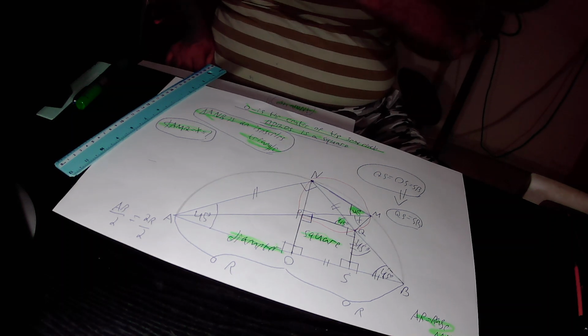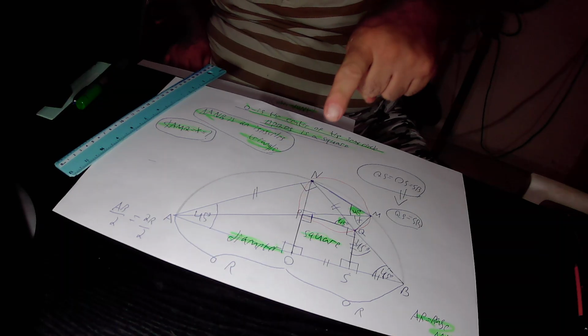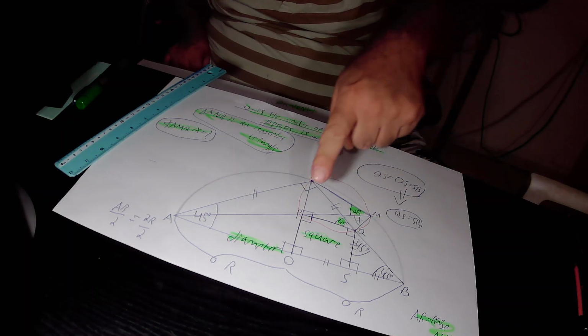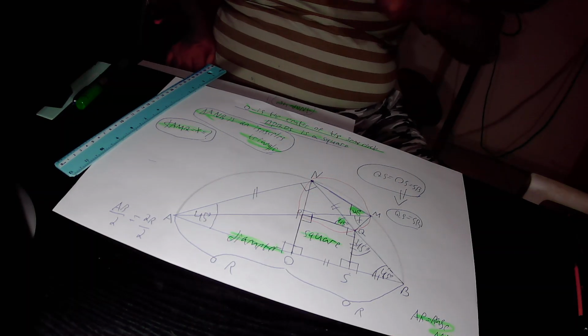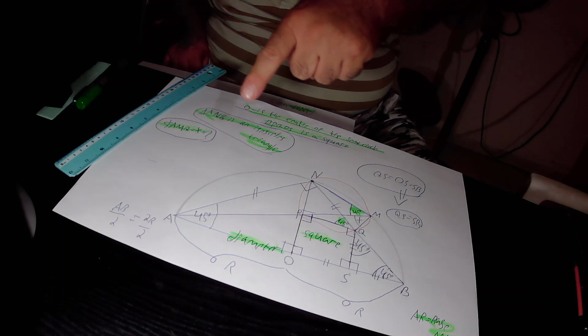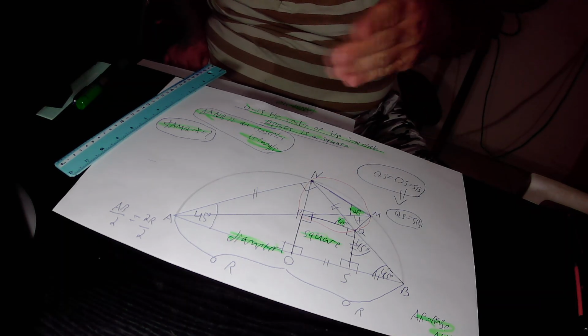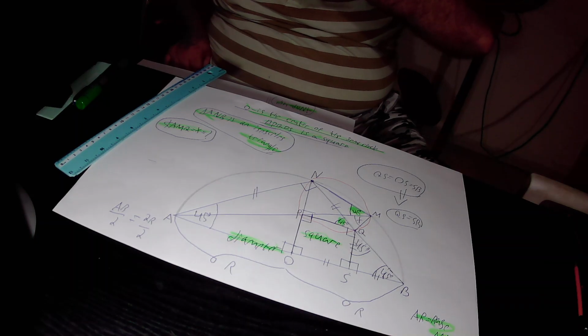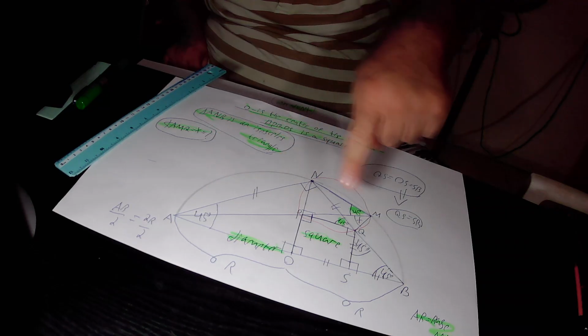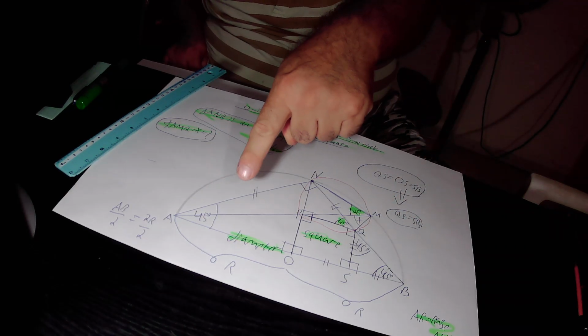The midpoint of any diameter is the center of the circle, or the center of the semicircle. In this case, it's the center of the semicircle, that is point O. That is to say, the perpendicular from point N must touch side AB at point O, the center of the diameter. So NO bisects the diameter AB into two halves. Each half equals the radius of the circle.